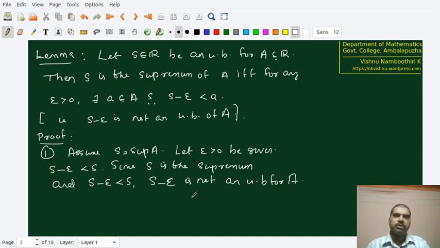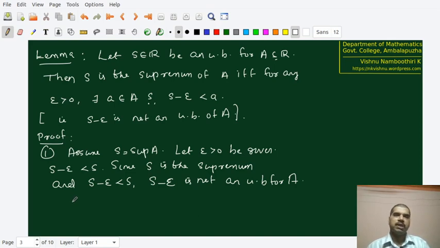That not every element in A is going to be less than or equal to S minus epsilon. That means there is at least one element a that is going to be greater than S minus epsilon. Otherwise, if it's an upper bound, every element in A would be less than or equal to S minus epsilon. That is not true, so its negation is going to be true.